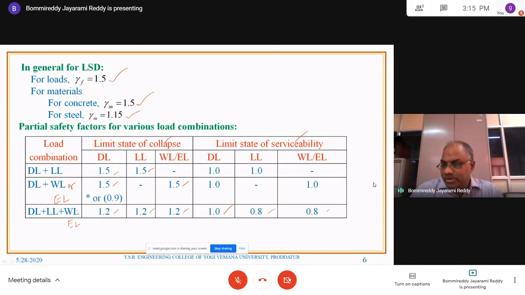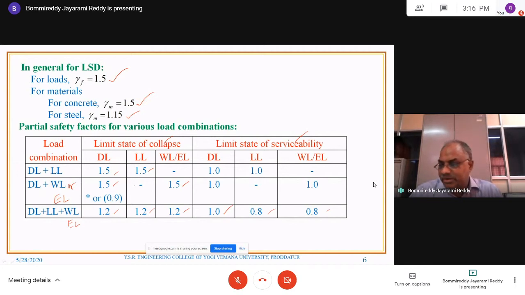So you need to remember when the combination of all the 3 loads are acting, for collapse it is 1.2, for limit state of serviceability, dead load has no change, and other loads will be multiplied by 0.8. In that way, you should keep this table in your mind, because sometimes numerical questions may be asked basing on these coefficients, these factors for limit state of collapse and limit state of serviceability.